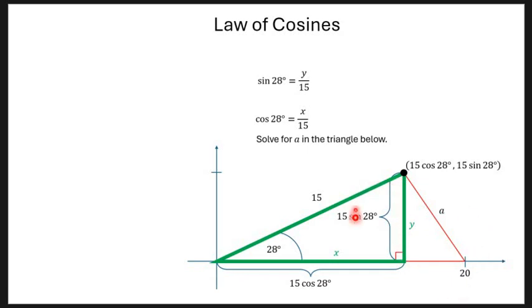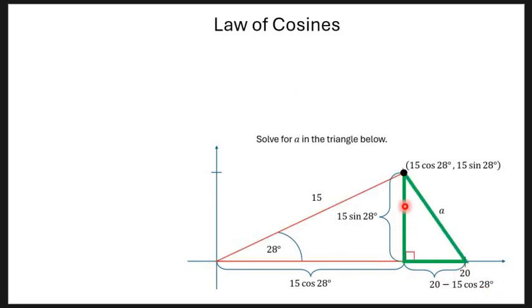So now I can focus on that other triangle over here, and I'll see that the entire distance from the origin out to here is 20 units. If I subtract the green part, I can get the distance from here to here, the rest of it, that red part. So that red part is basically 20, the entire thing, minus 15 times the cosine of 28.